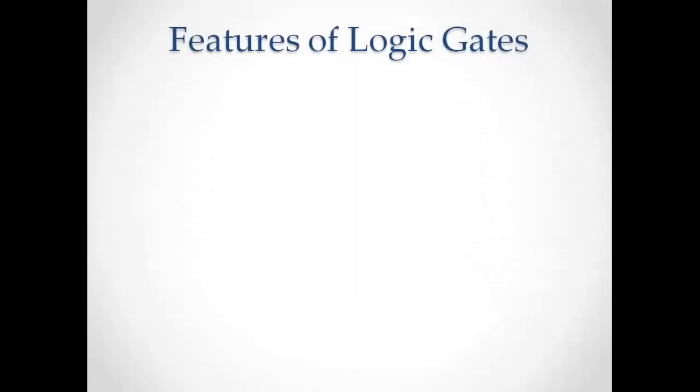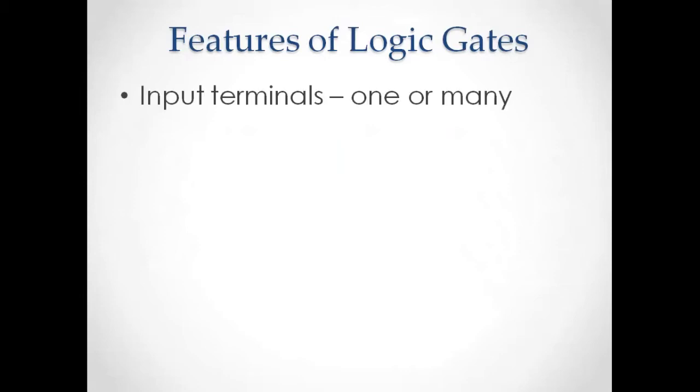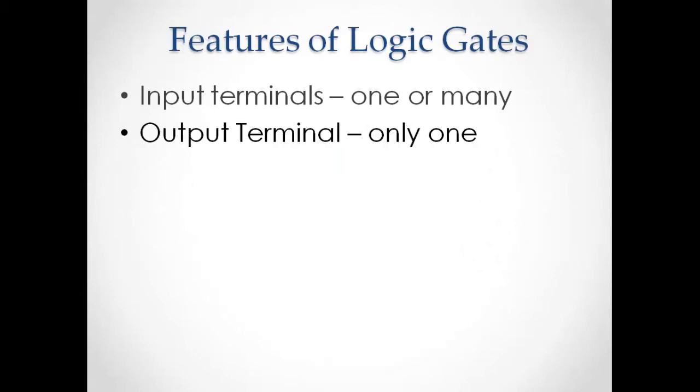Now let's think about the features of a basic logic gate, or the features of any logic gate as such. A logic gate will have one, two, or maybe many inputs, but it will have only one output. So the number of input terminals may be one or more, but always the output terminal will be only one. The output of the logic gate depends upon two factors.